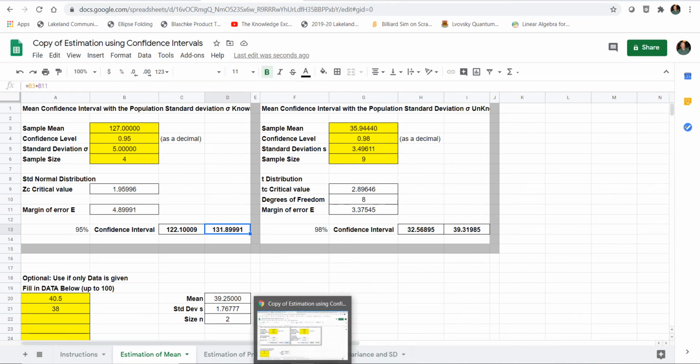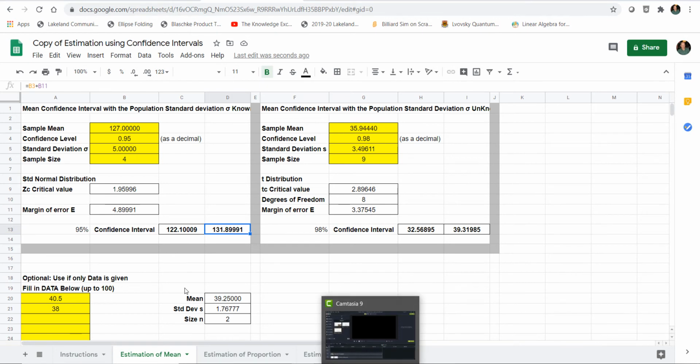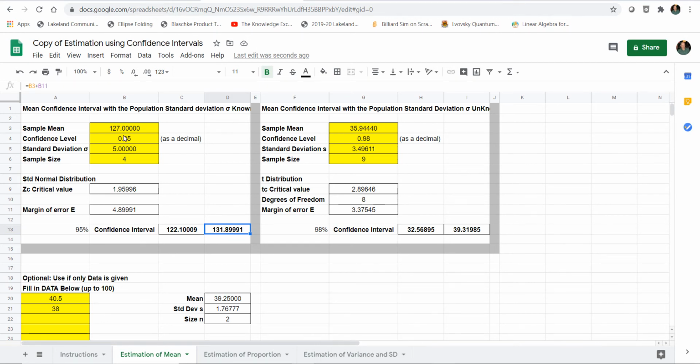And so it does very quickly all those things that we just did. 122.1 to 131.9. And if you want the 99% confidence interval, this will spit that out too. And so I can change the confidence level to 0.99. And there's my confidence interval again, just above 120 to 133.44.